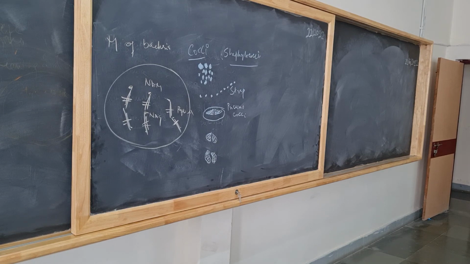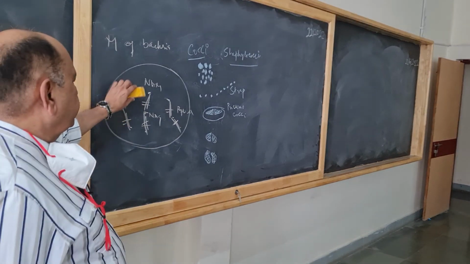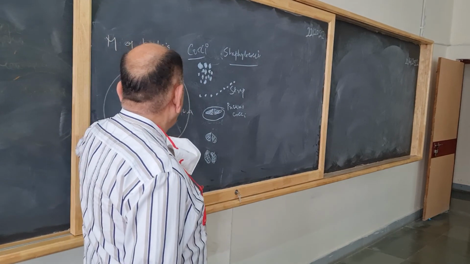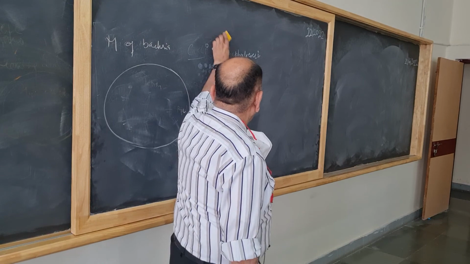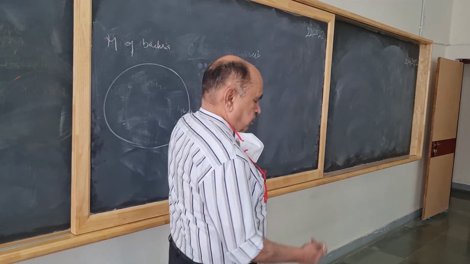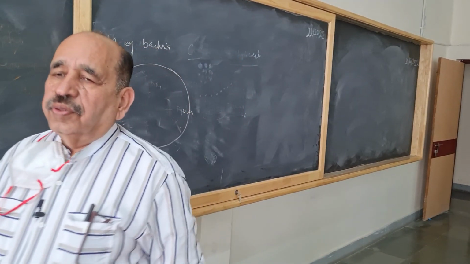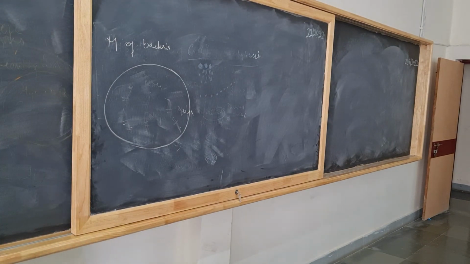So now, what is the difference between gram positive and gram negative? Why do some organisms look violet in color and others pink? Now, don't be under the impression that the cell wall gets stained.